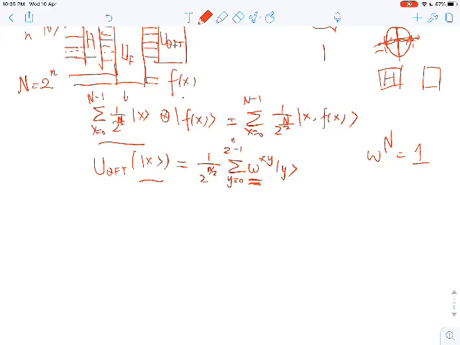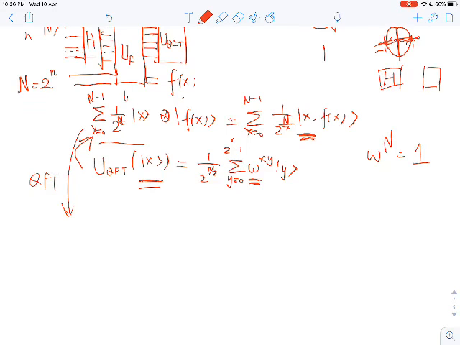We write this part in the previous equation, and after the quantum Fourier transform, the x actually changes to here.